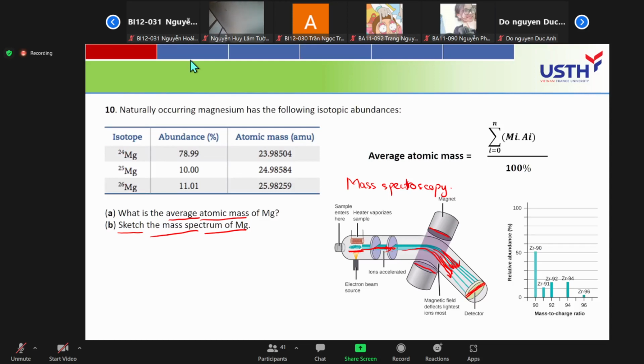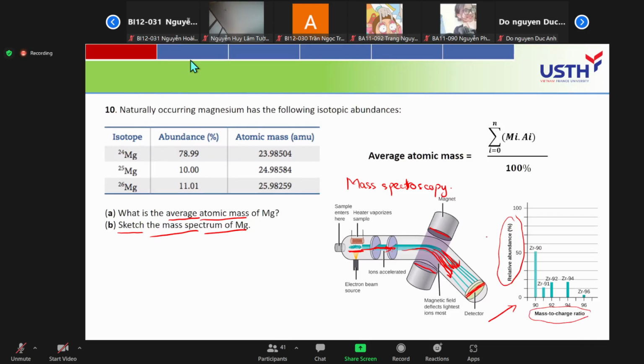By that way, you will have a diagram, or mass spectrum, like that. On the vertical axis will be the abundance, and on the horizontal axis you will have the mass to charge ratio.